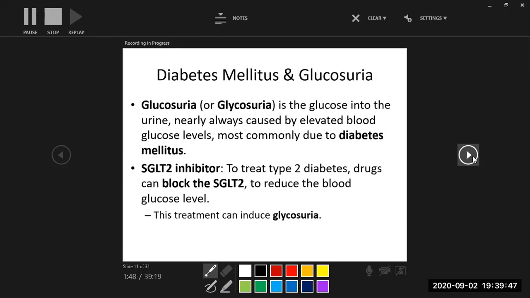So we don't want that. The way to reduce the glucose amount in the blood is to inhibit the glucose reabsorption. One way of doing that is taking this SGLT2 inhibitor. By doing so, we don't have the glucose reabsorbed, and artificially we can generate more glucose in the urine, leading to glycosuria.